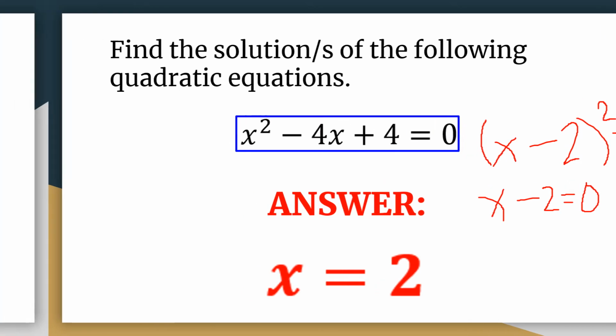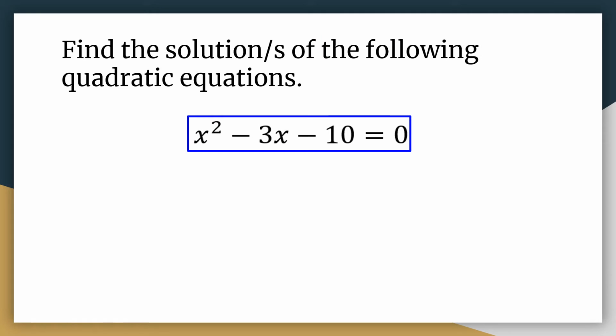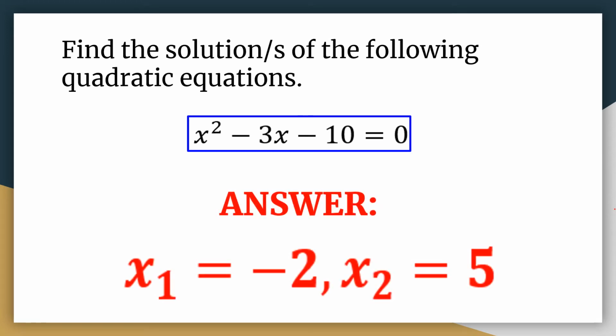How about the second one? We have here x squared minus 3x minus 10 equals 0. So what are the roots of x squared minus 3x minus 10 equals 0? We have x equals negative 2 and positive 5. So by factoring, you can factor this one as (x minus 5) times (x plus 2).